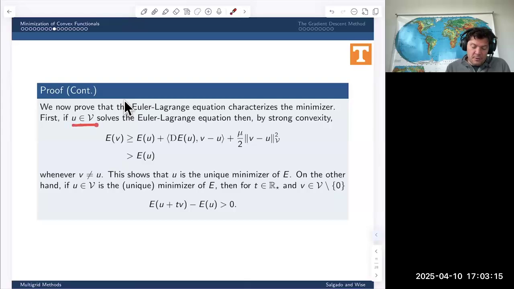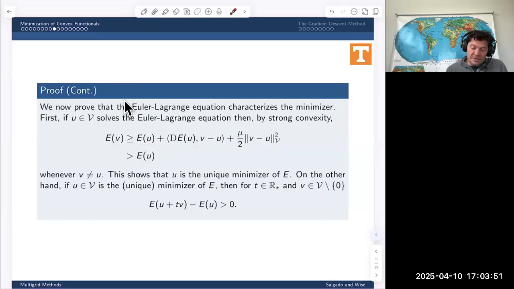First, if U in V, in the Hilbert space, solves the Euler-Lagrange equation, that means at some point we're going to use the fact that that term is going to be zero. Then by strong convexity we have this inequality, and that term is equal to 0 right away because we're assuming the Euler-Lagrange equation holds. So we just have that E of V is greater than E of U plus this term, because that's 0.